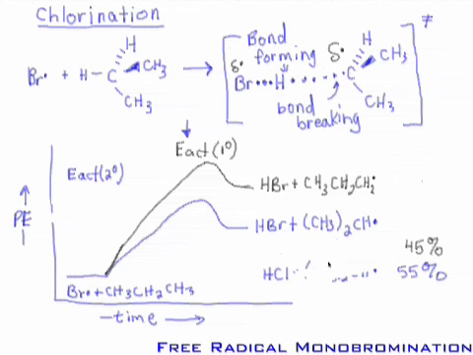Okay, and so we're looking at the hydrogen abstraction step. I'll leave the chlorination numbers down there. And then this time we're getting 98% of the secondary forming. Only 2% of the primary.